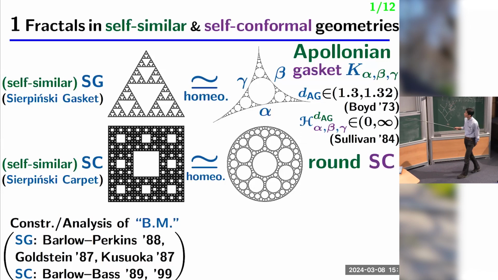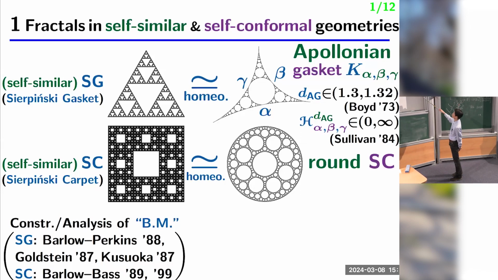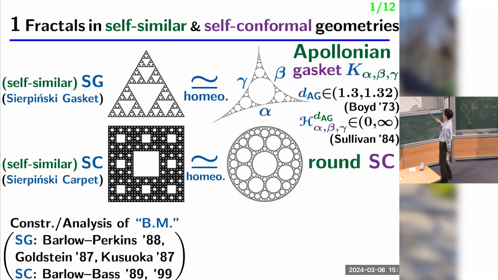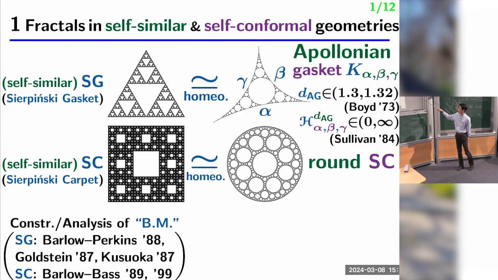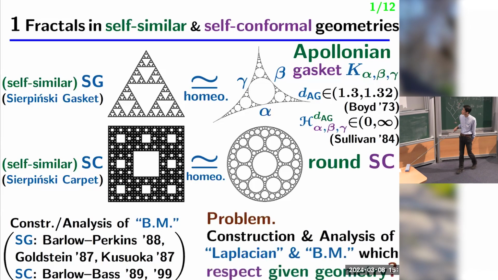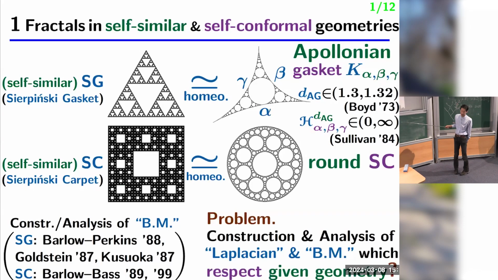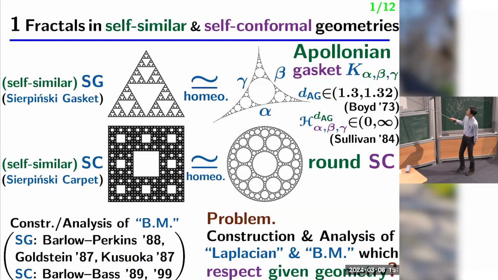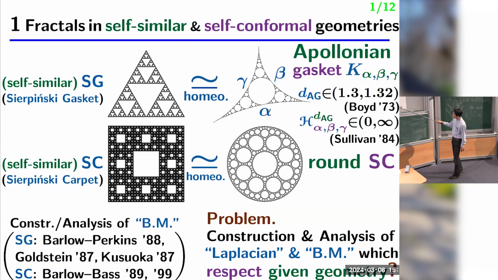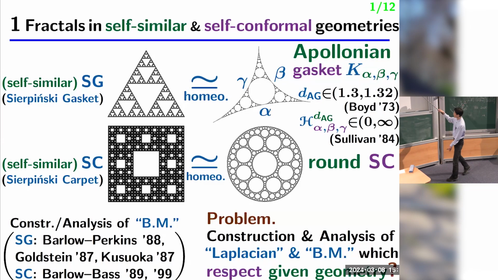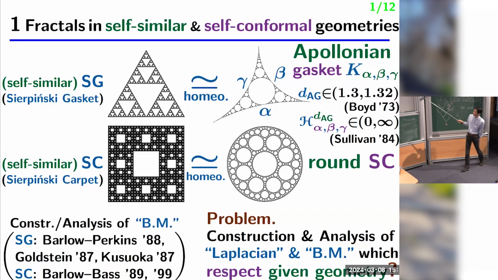This one is topologically the same, homeomorphic to the classical Sierpinski carpet, and I will briefly mention how this fractal is constructed later in this talk. The problem I have been interested in and studying in this context is to construct and analyze a suitable Laplace operator and Brownian motion which respect this particular Euclidean geometry of the fractals.